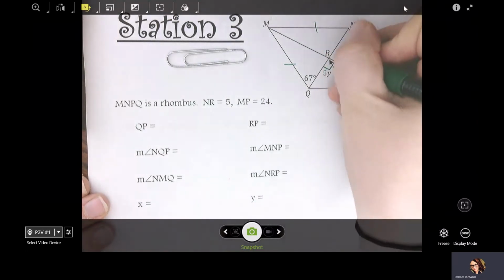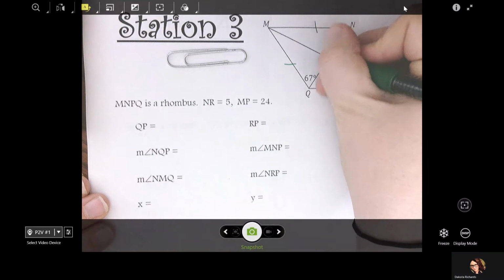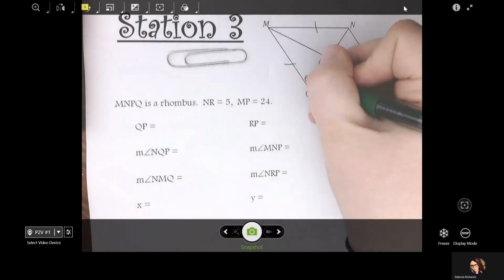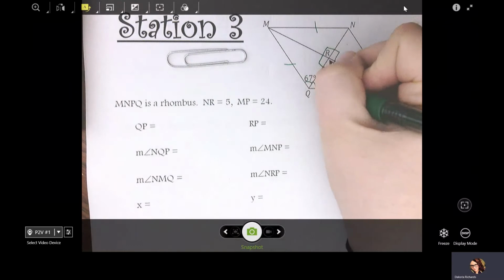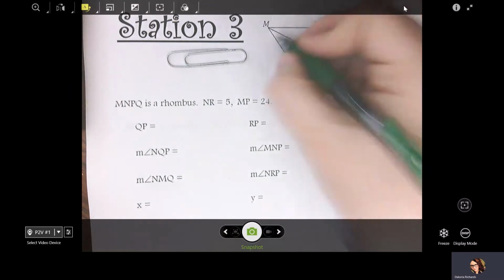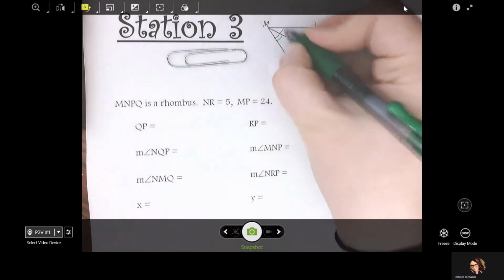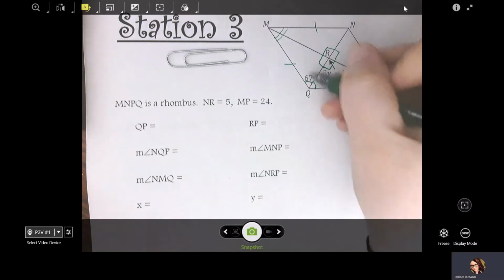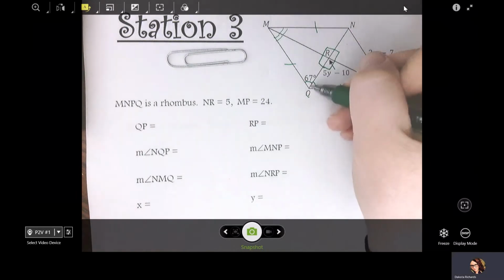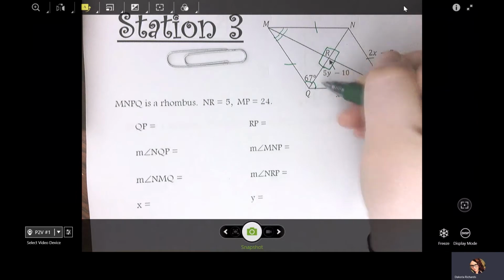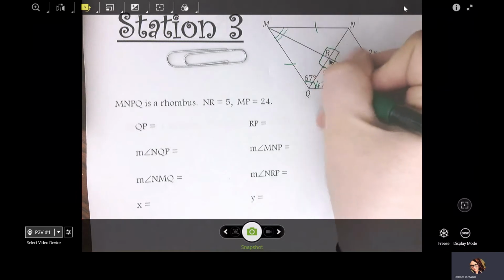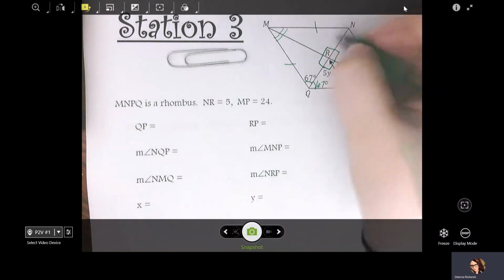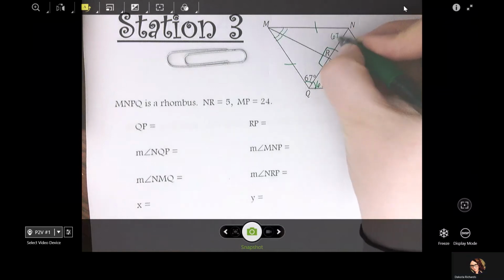We have 90-degree angles there. And the diagonals bisect opposite angles. So if you are bisecting this angle and exactly half of it is 67, the other half is also 67 degrees. And that's going to be the same up here because opposite angles are congruent.